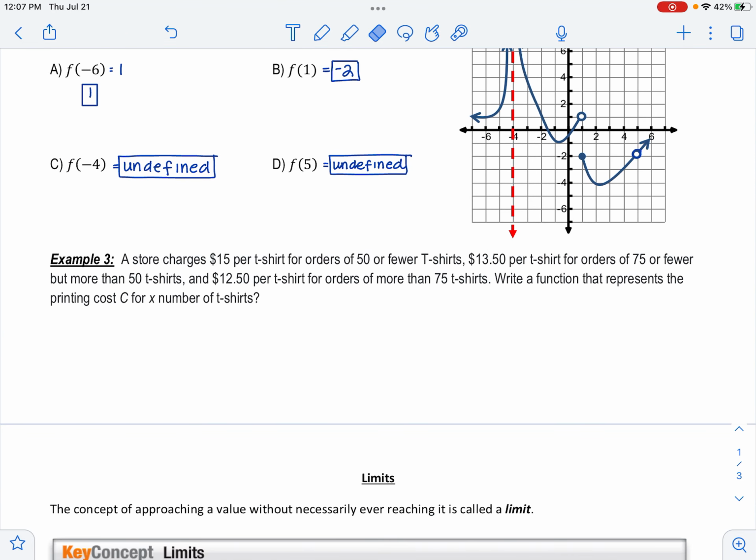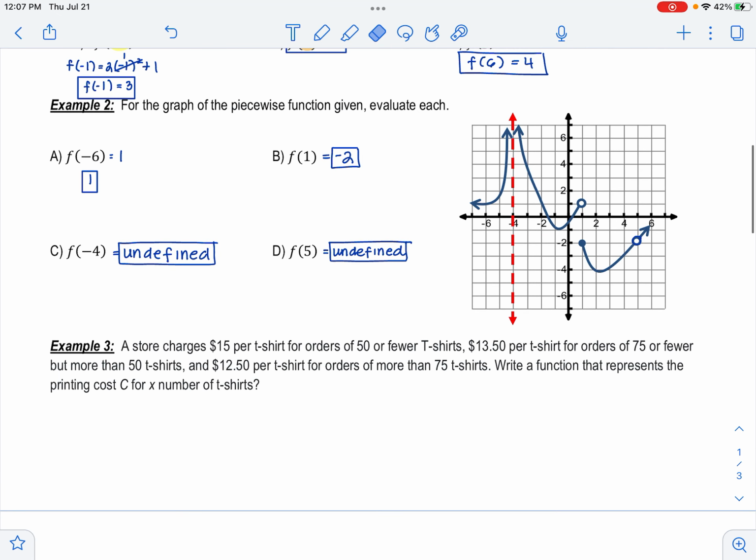It gives us a situation, and we want to write a piecewise function. It says a store charges $15 per t-shirt for orders of 50 or fewer t-shirts, $13.50 per t-shirt for orders of 75 or fewer but more than 50 shirts, and $12.50 per t-shirt for orders of more than 75 shirts.